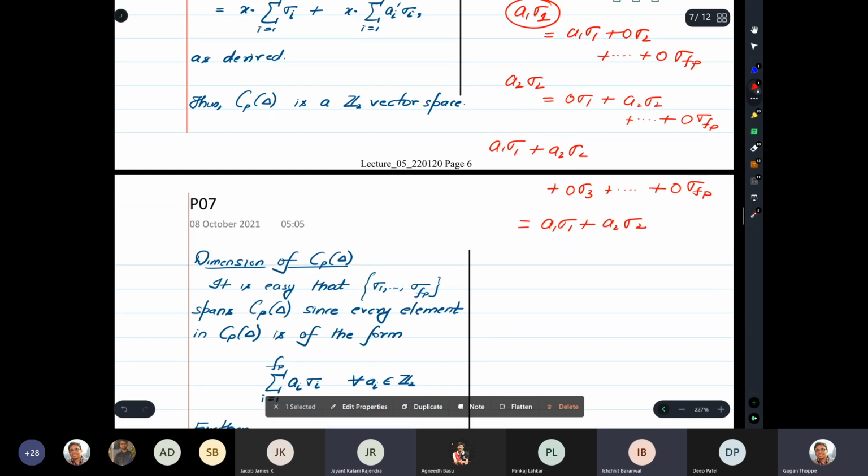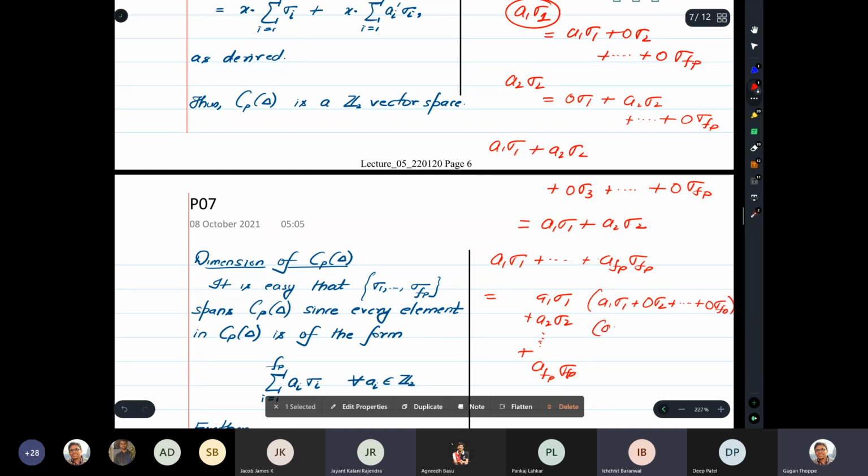By generalizing this idea, you can interpret A1 sigma 1 plus blah blah blah plus FP sigma FP as A1 sigma 1 plus A2 sigma 2 plus blah blah blah plus FP sigma FP. You can ask, what have I done here? I'm just adding the same thing. The way I want you to interpret this is as A1 sigma 1 plus 0 sigma 2 plus blah blah blah plus 0 sigma FP.